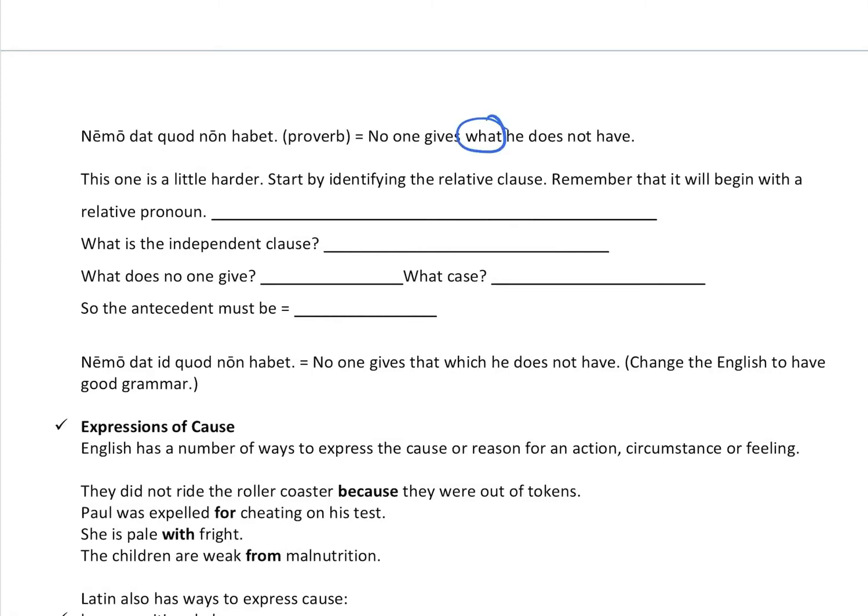Okay, so the whole relative clause would have to be afterwards. "What he does not have" is the relative clause. So what becomes the independent clause?